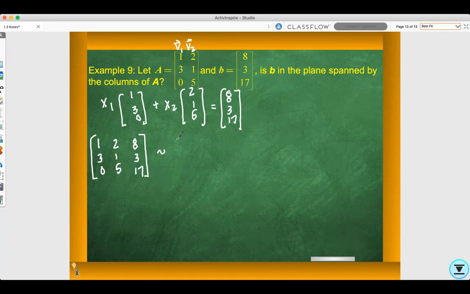Going through, there are many different steps you could do. My first step was to multiply row 1 by negative 3 and add it to row 2 to eliminate this 3 here.